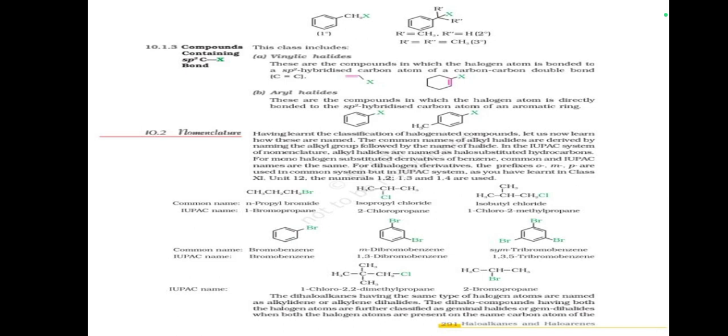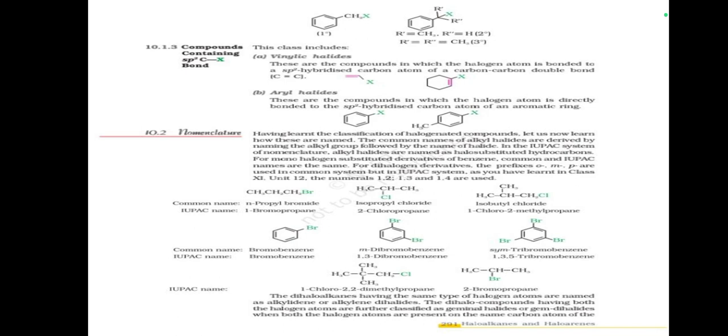Nomenclature. Having learned the classification of halogenated compounds, let us now learn how these are named. The common names of alkyl halides are derived by naming the alkyl group followed by the name of halide. In the IUPAC system of nomenclature, alkyl halides are named as halo substituted hydrocarbons.